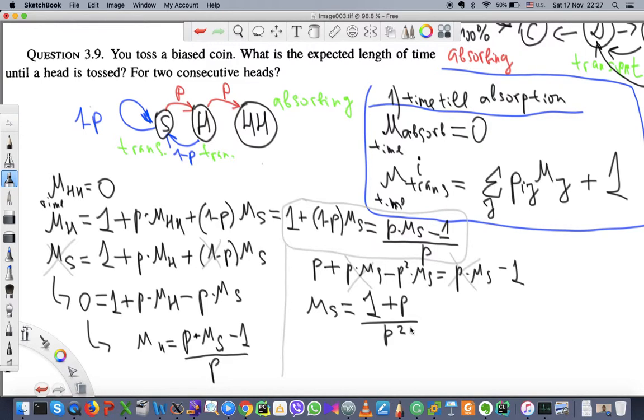Now, remember I mentioned that we will see the formula. The formula, you can prove it by induction, is the following.